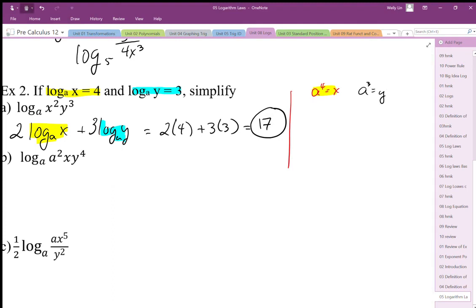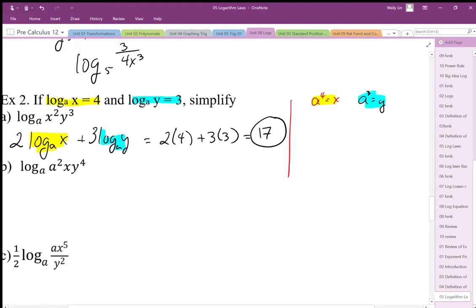So that's going to be the blue one. And what I can do is replace those x's and y's with base a's in the log form. So it becomes log, okay, x squared y cubed, like that.